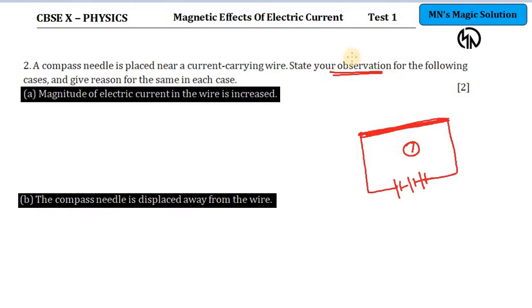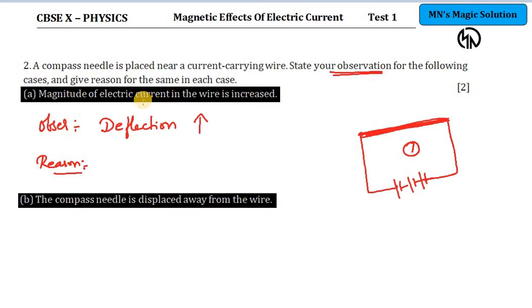You have to give your observation for the following cases and also the reason. So we have to give observation and reason. What is the observation? When electric current is increased, the deflection also increases. The deflection in the compass needle increases. And the reason behind that?